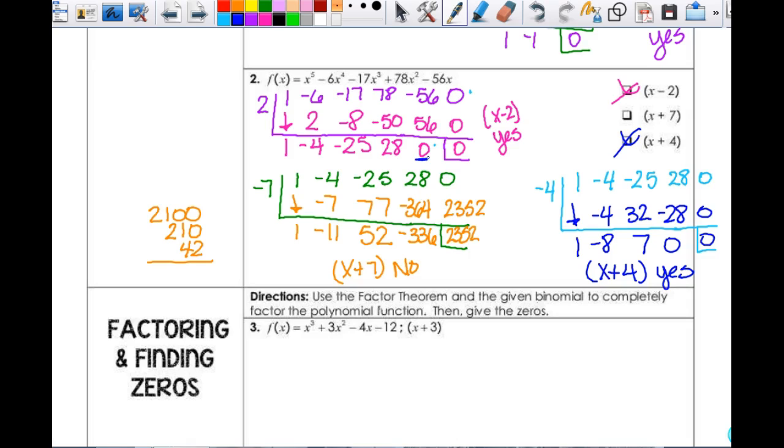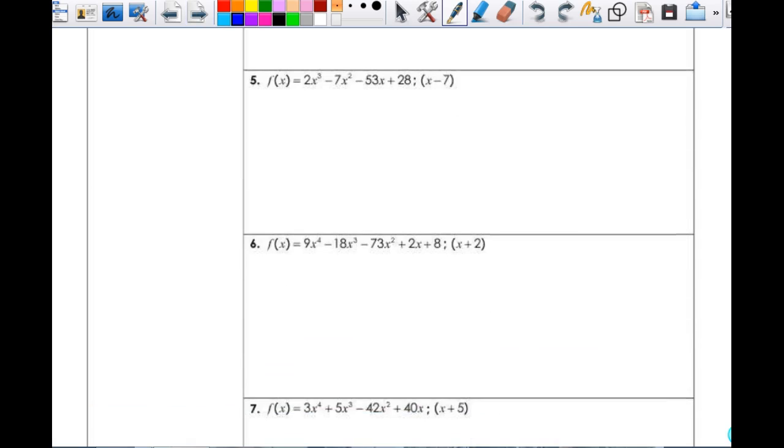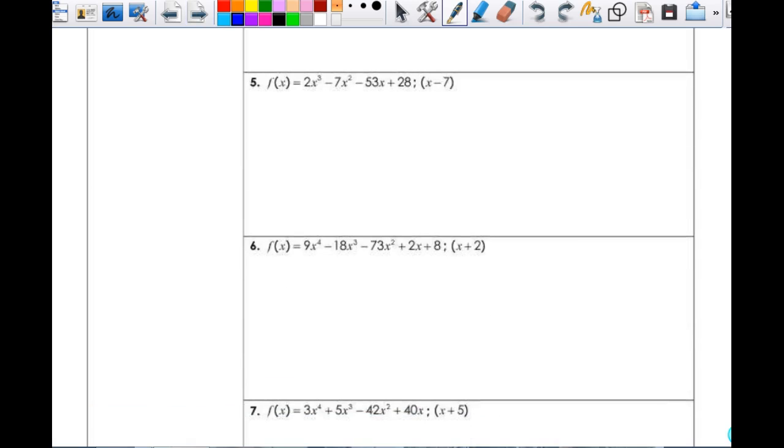Okay, good deal. All right, so let's look at the directions for the next part. It says, use the factor theorem and the given binomial to completely factor the polynomial function, then give the zeros. All right, we're not going to do number 3 because we're only going to do a couple of these because, again, we don't need to do all these all the time. Let's flip this over. We're going to do number 5. Okay. So it says to use the factor theorem and then completely factor it, and it's given us this binomial.